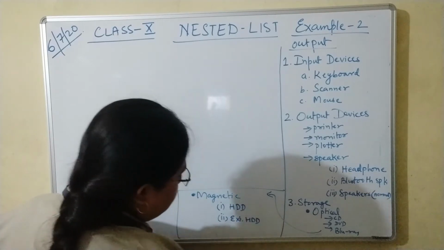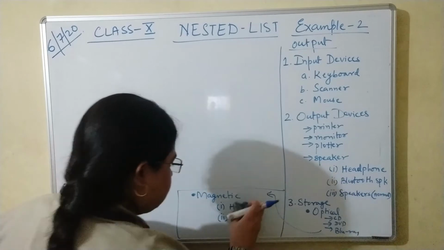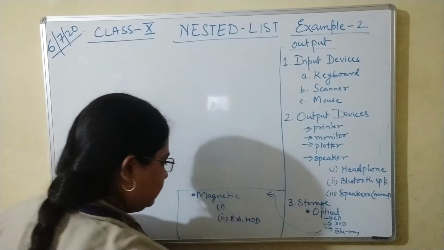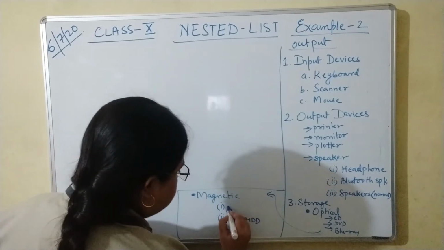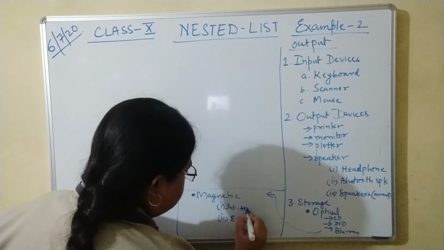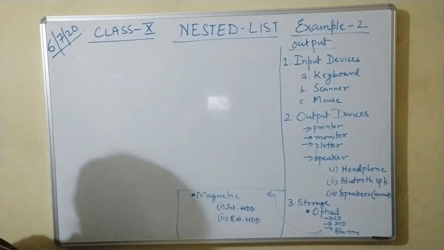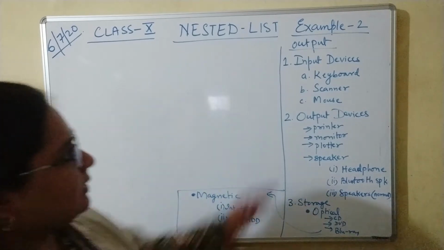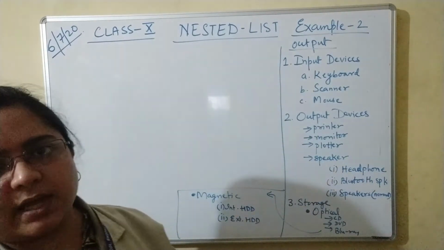This hard disk refers to internal hard disk, so I can change this. So we have these options. This is my nested list which I have to create.